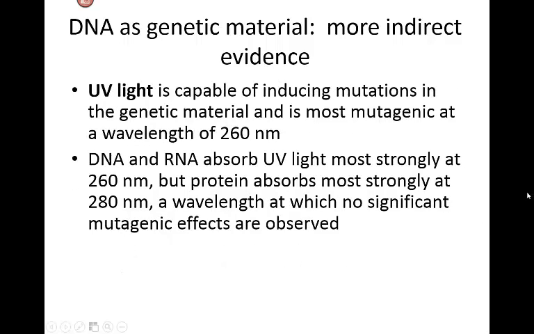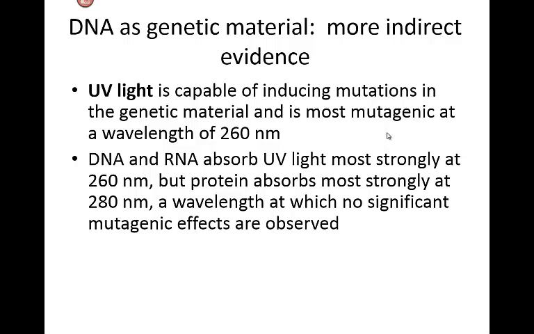So some more indirect evidence. First of all is UV light. RNA and DNA can absorb UV light at 260 nanometers. Protein can absorb it at 280 nanometers. If you give different wavelengths of UV light to cells, at 260 nanometers it is very, very mutagenic for these cells.